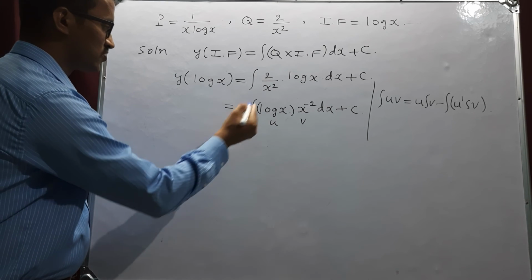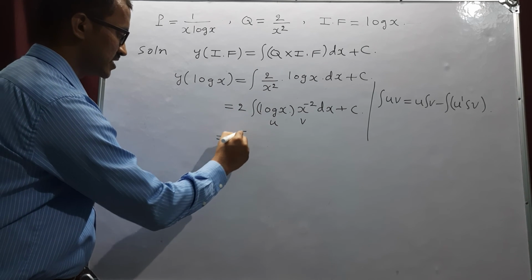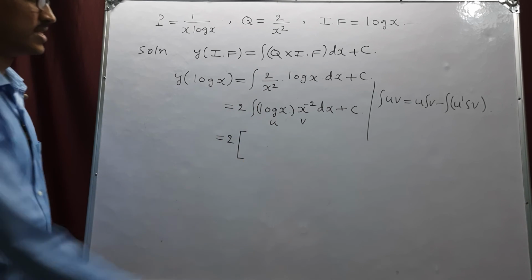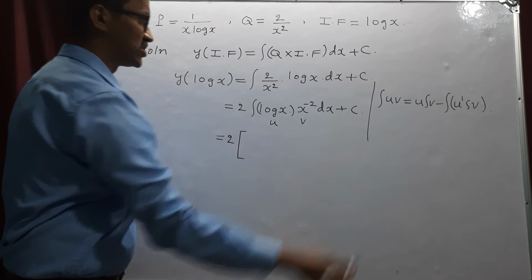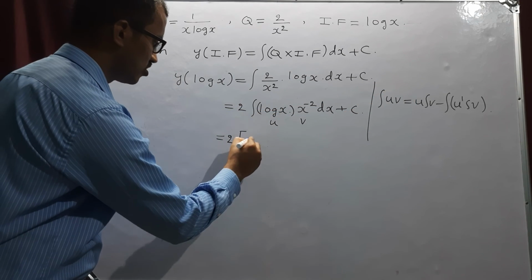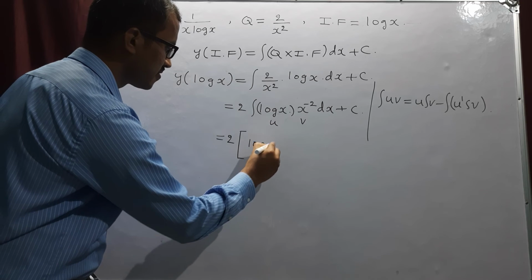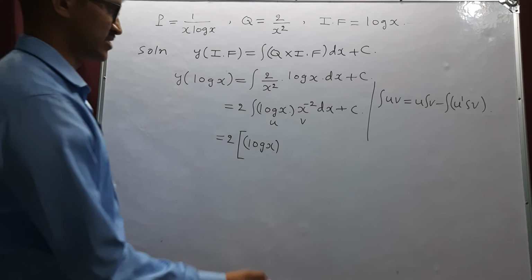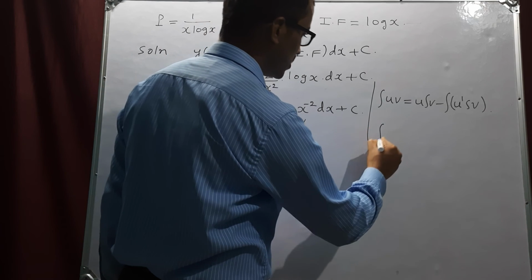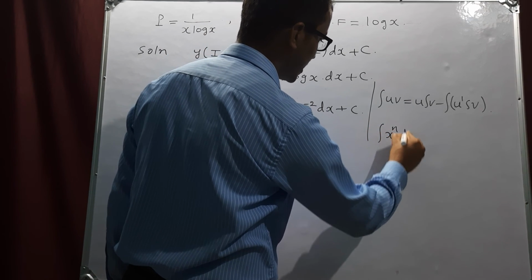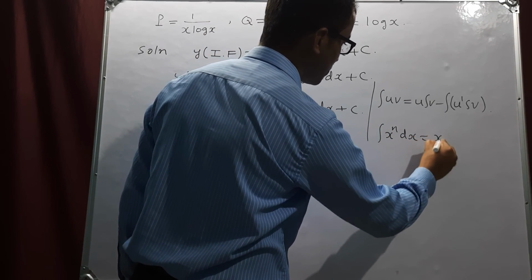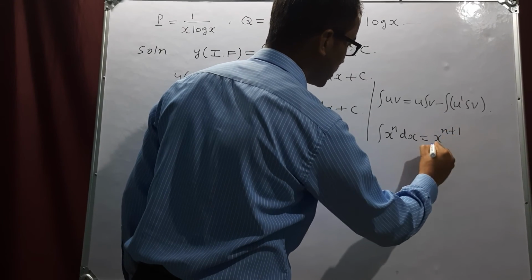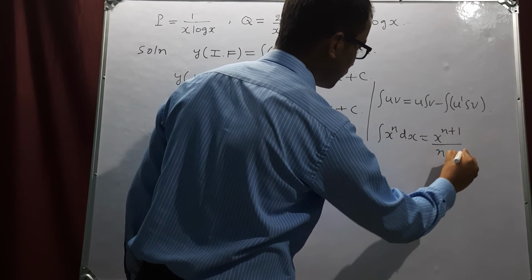So if I use integration by parts, that is 2 into u into integration of v, that is log x into integration of x power minus 2. We know that integration of x power n is x power n plus 1 by n plus 1.